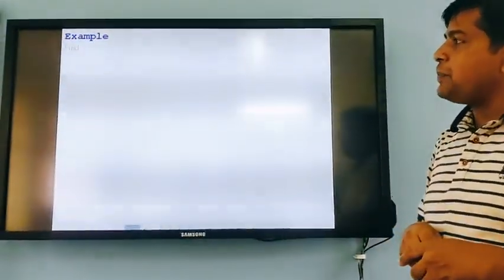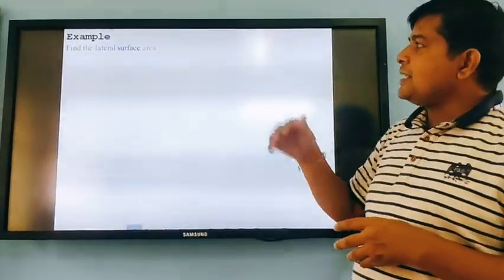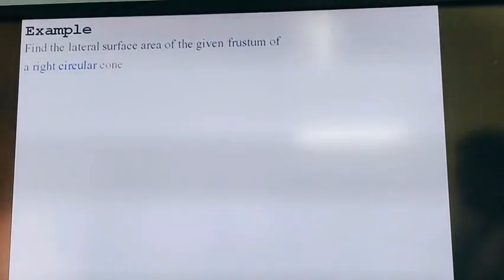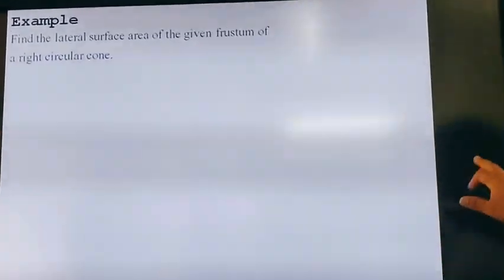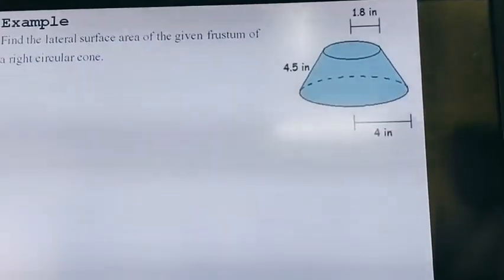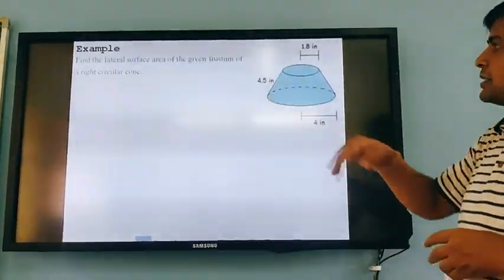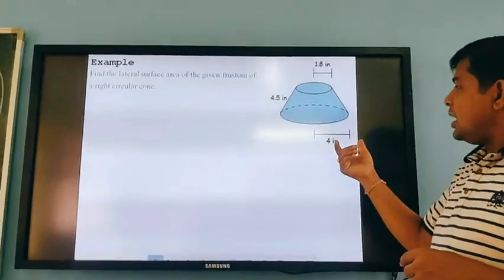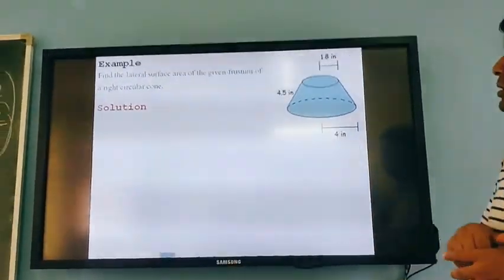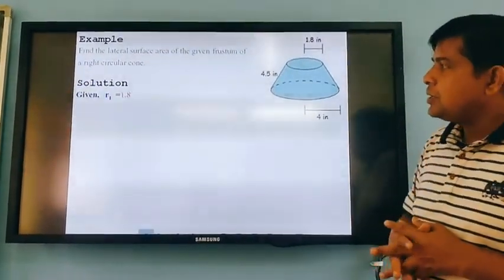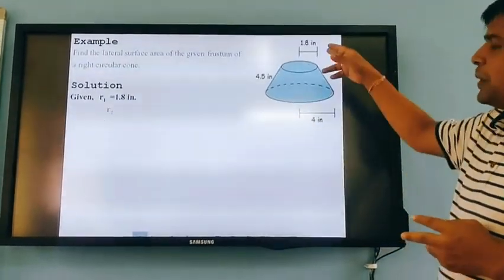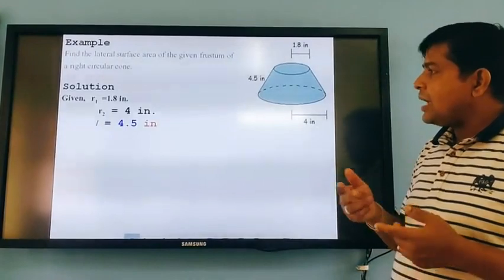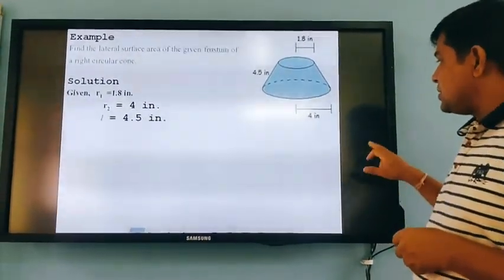Let us see an example. Find the lateral surface area of the given frustum of a right circular cone. Here the slant height is given as 4.5, R1 is 1.8 inch, R2 is 4 inch. So first note down what we are given: R1 1.8 inch, R2 4 inch and L equal to 4.5 inch.